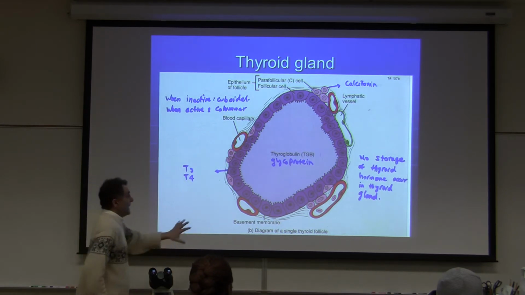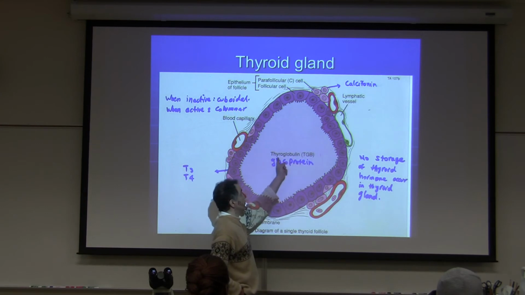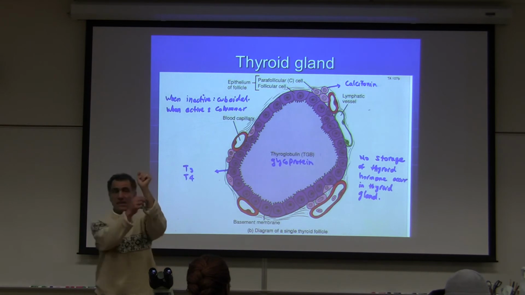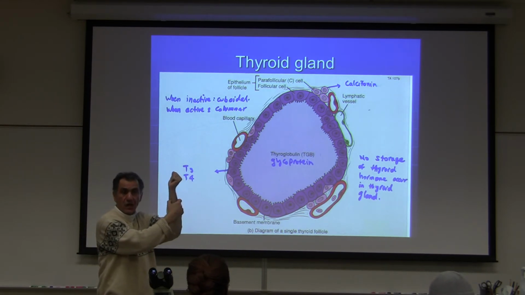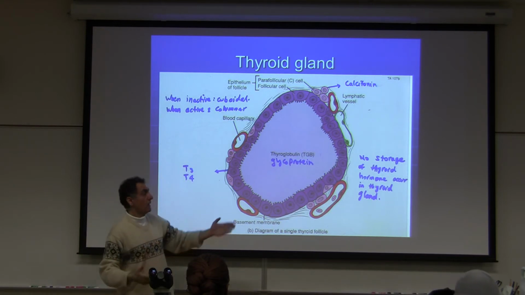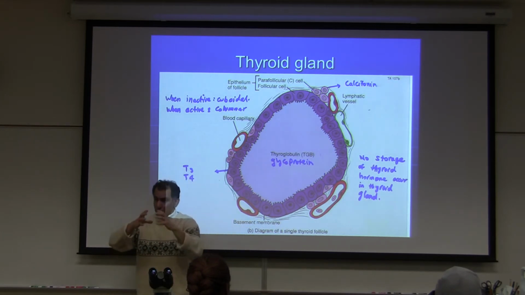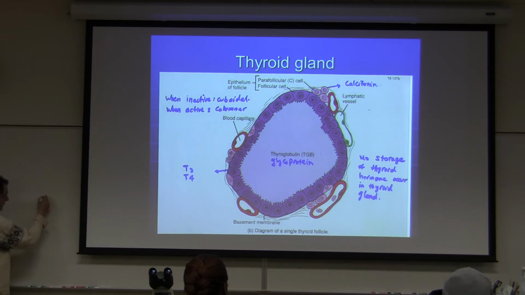But anyhow, inside of the follicle there is a protein molecule called thyroglobulin. On your lab practical, you remember on the skin, the top layer of skin was keratin, underneath it was collagen. Another molecule, I might ask, right here, what is the name of the molecule here? Thyroglobulin. Thyroglobulin is a protein molecule that has no iodine attached to it.